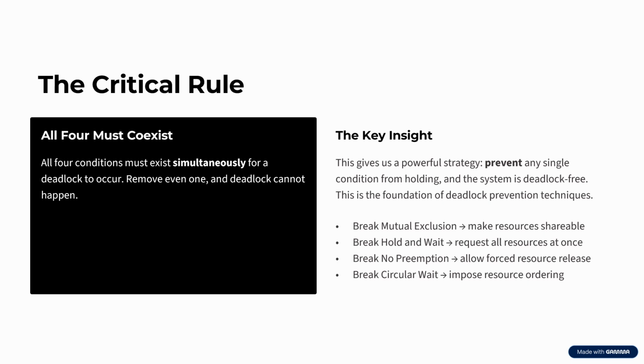Remove even one, and the deadlock cannot happen. So we have to break mutual exclusion by making resources shareable, break hold and wait by requesting all resources at once, break no preemption by allowing forced resource release, and break circular wait by enforcing resource ordering.